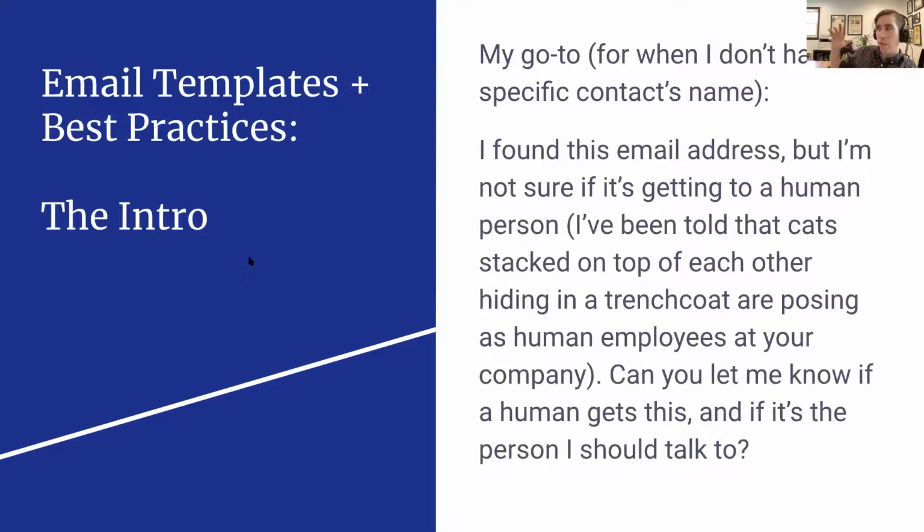My message is: "I found this email address, but I'm not sure if it's getting to a human person. I've been told that cats stacked on top of each other are hiding in a trench coat posing as human employees at your company. Can you let me know if a human gets this and if this is the person I should talk to?" What crazy person sends this? Okay, this sounds like a human, and it's going to be much more likely that they at least read further in the email.